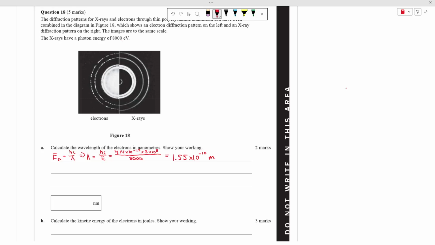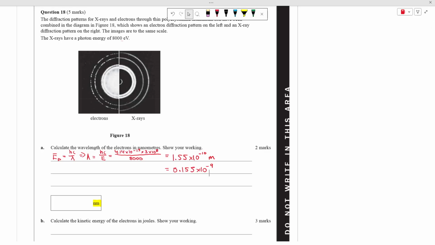Be careful, the unit in the box is nanometers, so we have to convert this. We're one power of 10 away from negative 9, so this is a smaller number than times 10 to the negative 9, so it's 0.155 times 10 to the negative 9.